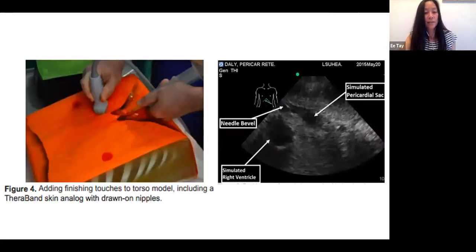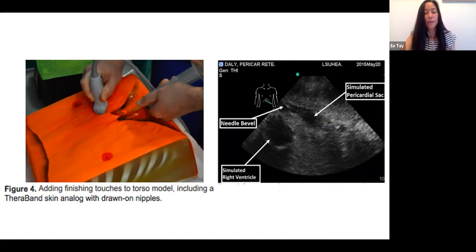As you can see here on the left side, they put a thin TheraBand skin over it, along with the drawn-in nipples, as they indicate in their figure 4. And then they're able to see where the pericardial sac is, and on the ultrasound image, you can see where the needle actually comes in. So this is also another good practice, I guess.